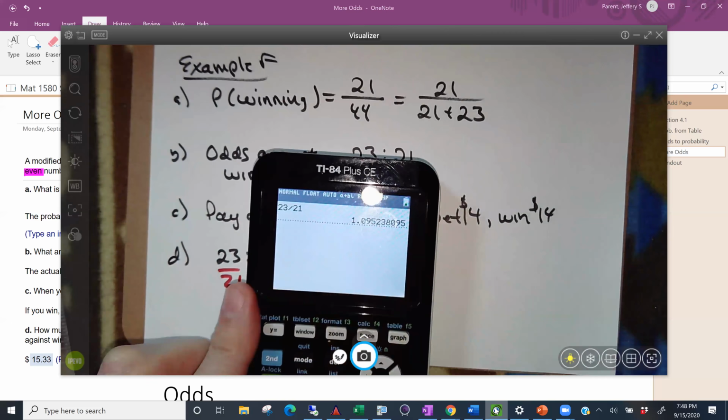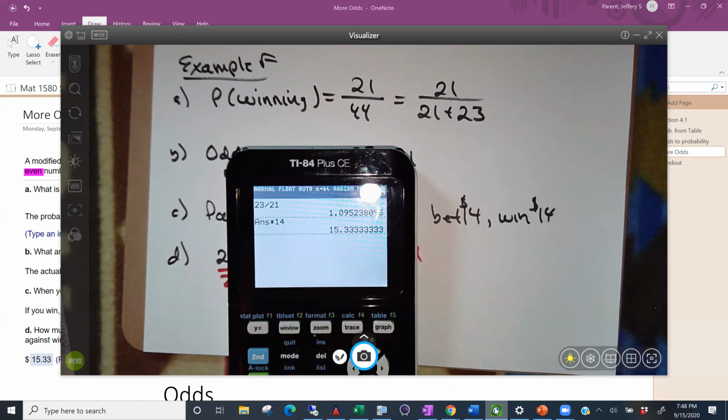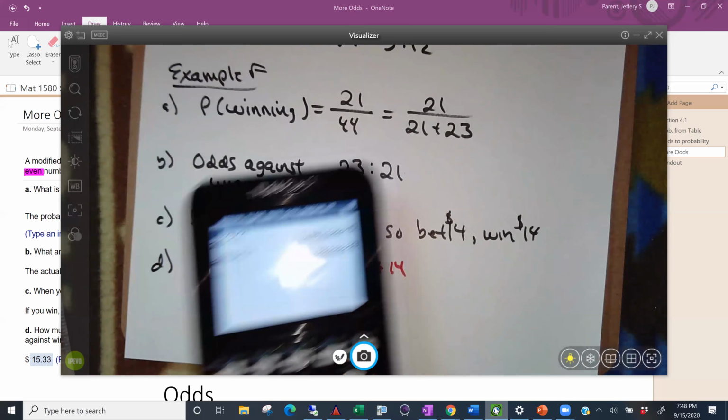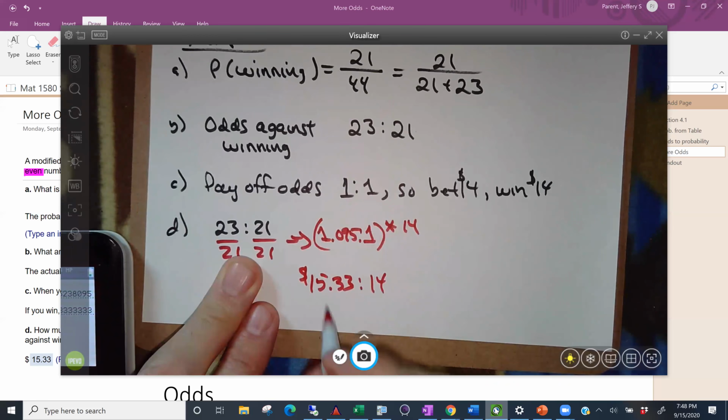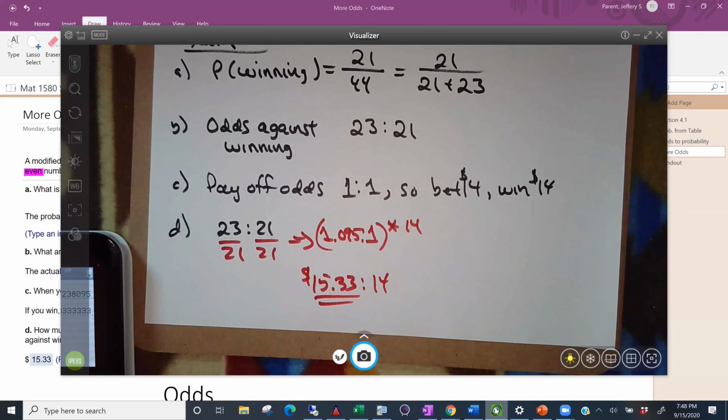I should win $15.33 if I round it off right. That's how much I should win if they're actually paying me the right way.